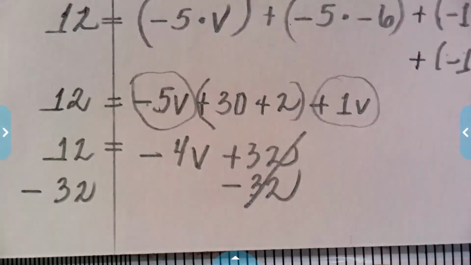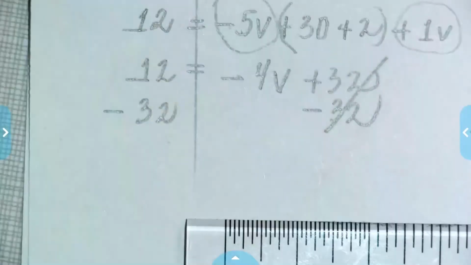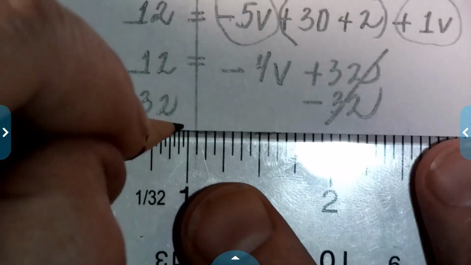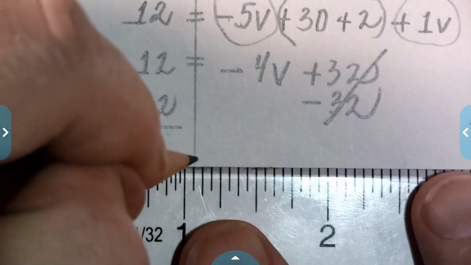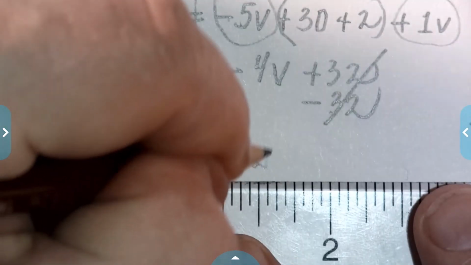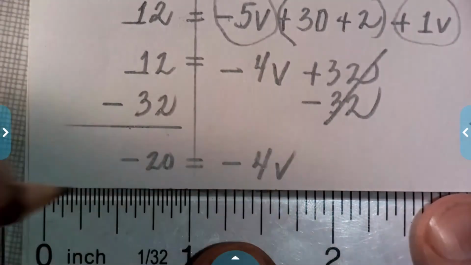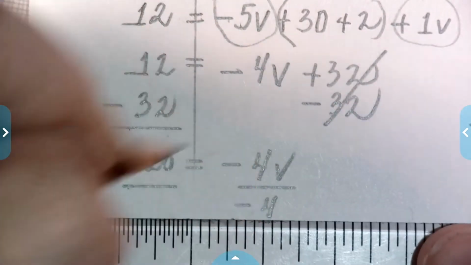Well, the only thing to do is to subtract 32 from both sides. On the right, that cancels, but on the left, we're going to end up with the negative number, so we need to do 32 minus 12 and just make the answer negative, and that's going to be negative 20. So we have negative 20 equals negative 4v, and dividing both by negative 4 to get the v by itself.